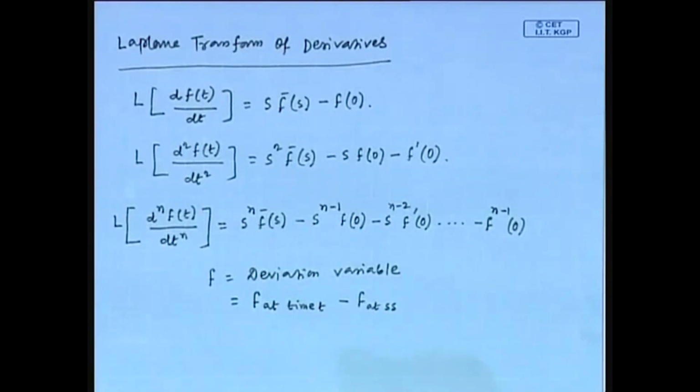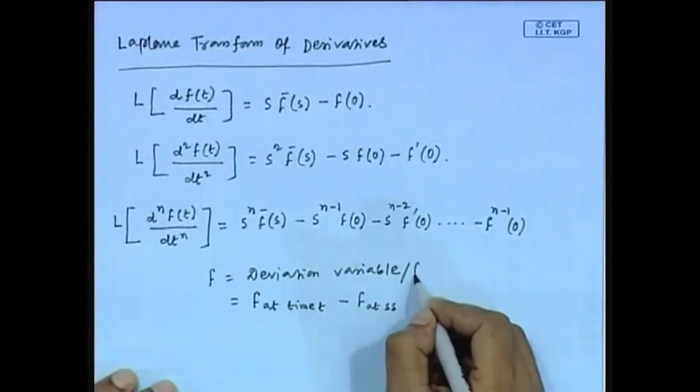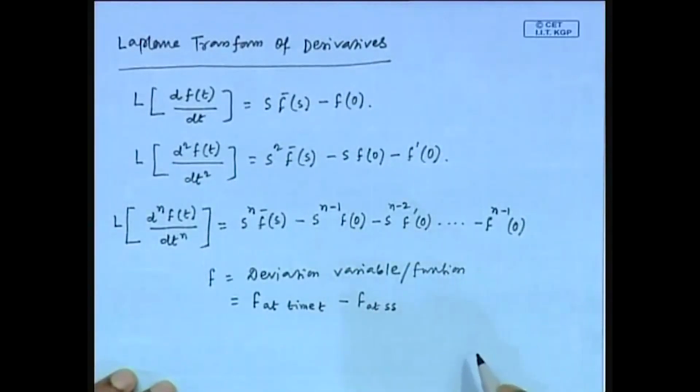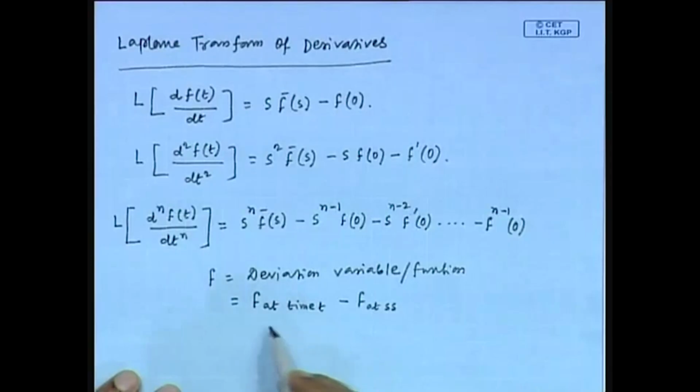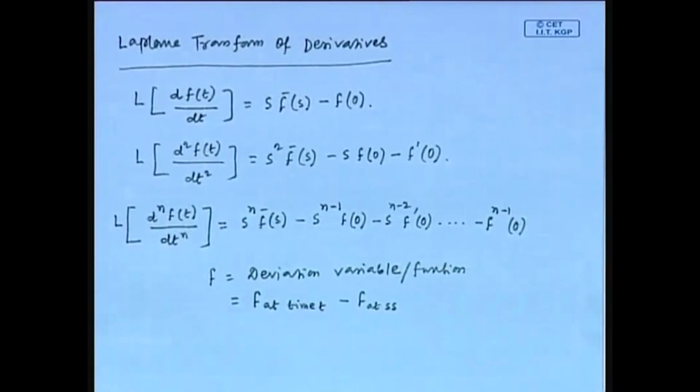Then we call this variable f a deviation variable. That means it is a function of deviation variables. The definition of deviation variable is the variable at any time t minus the value of the variable at steady state.